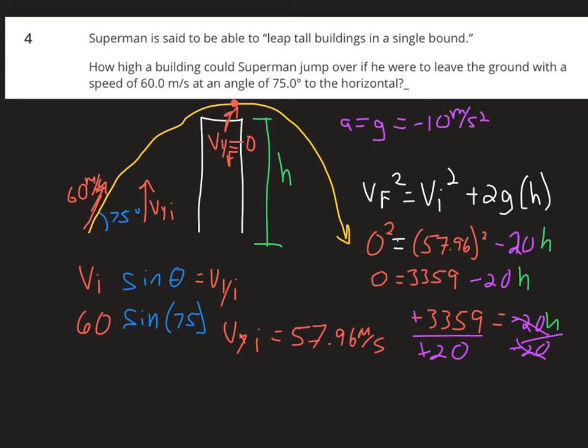The negatives cancel out when the division happens, and my h now becomes approximately 168 meters is how tall of a building that would be.